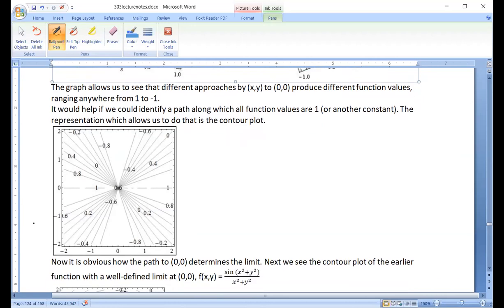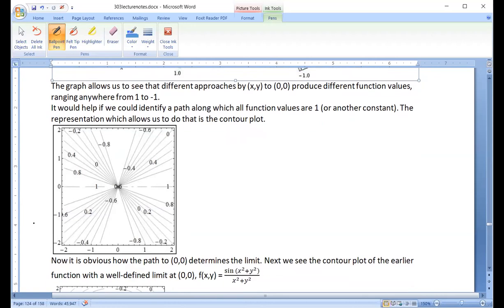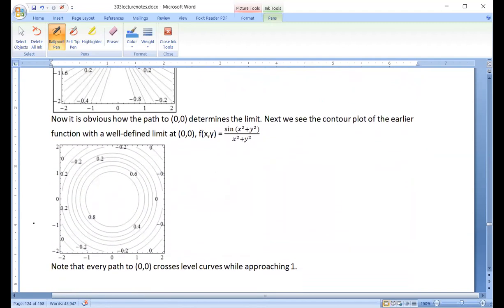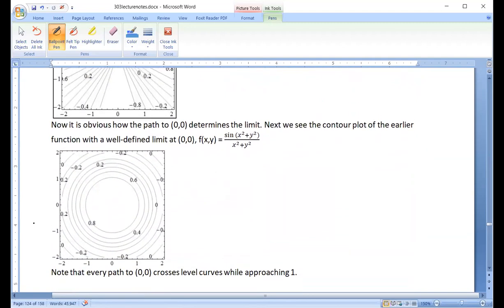What did that one look like? So this one has a well-defined limit. What does the contour map look like? For the function sine of x squared plus y squared over x squared plus y squared, notice that the point that you're headed toward is right here.